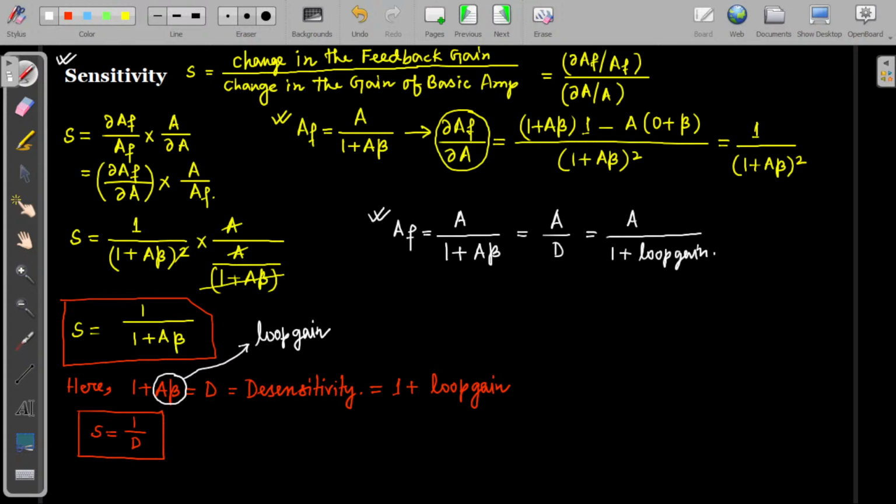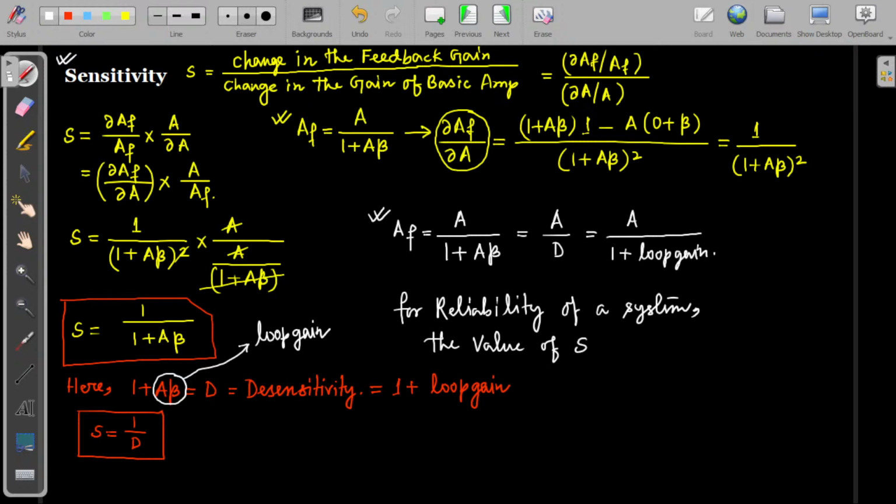So for the reliability of a feedback system, the value of the sensitivity factor, that is the capital S, should be as small as possible.